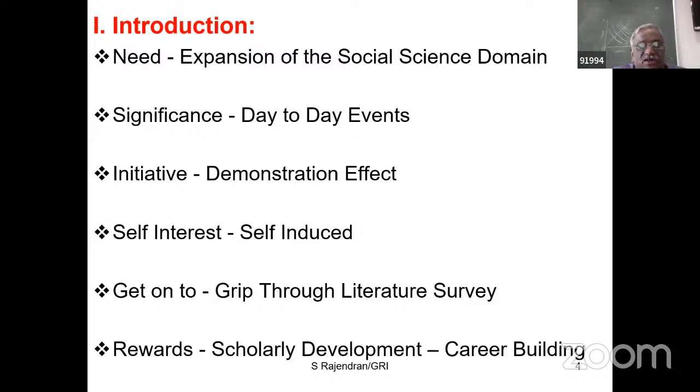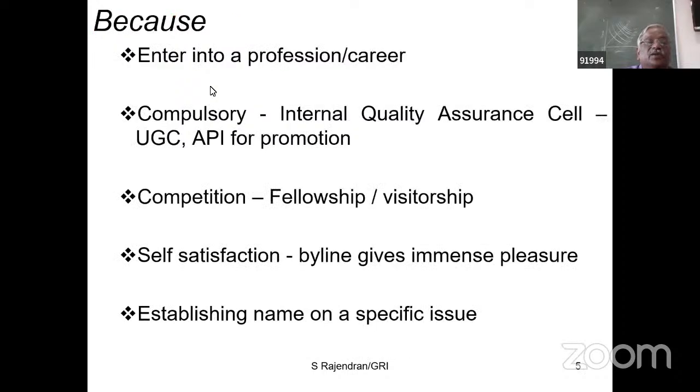And also, as I told in the previous presentation, research will lead an individual to rewards and career building. Ultimately, all these lead to a kind of scholarly development in you. For all these reasons, an individual is interested in taking up research.